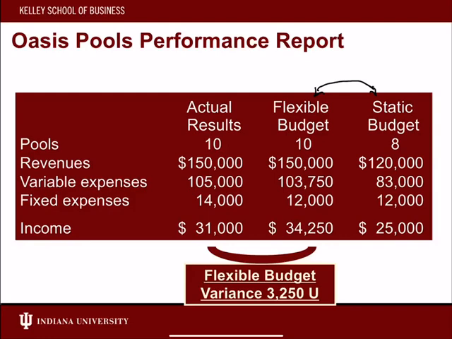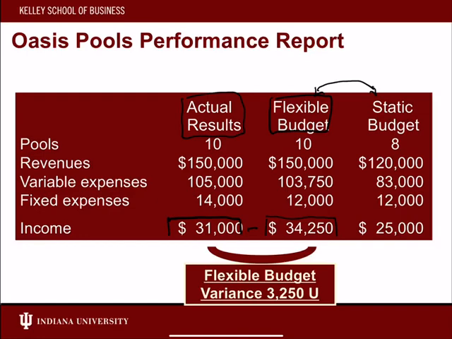So now we're going to look at the flexible budget variance. And this is the difference between the flexible budget and the actual results. So here we look at the net income actual minus the net income flex budget. And it looks like our net income was about $3,000 lower than what we would have expected based on our flex budget.